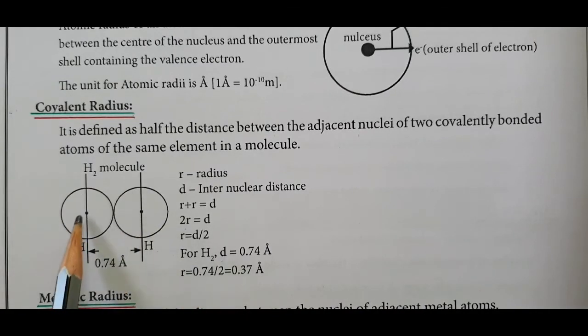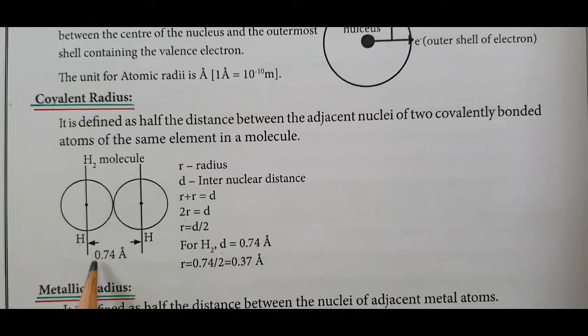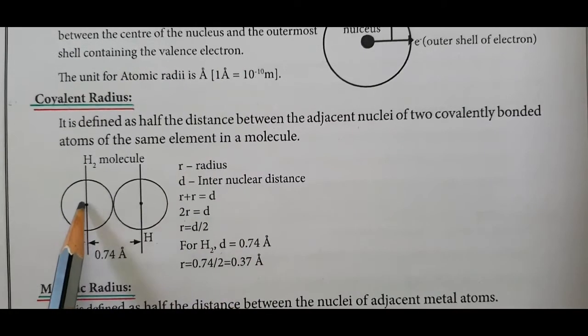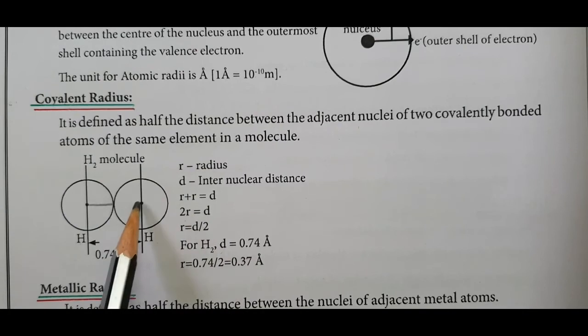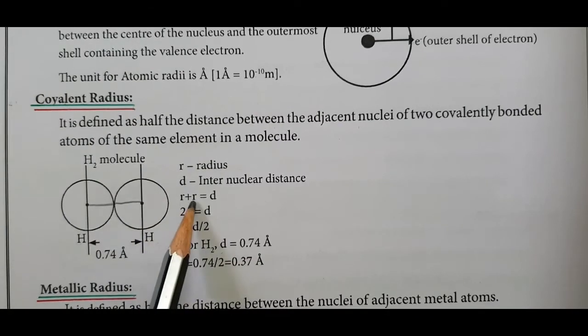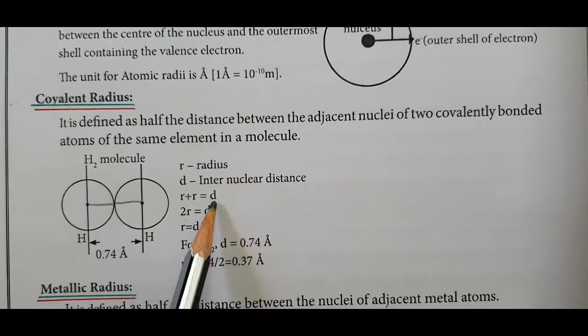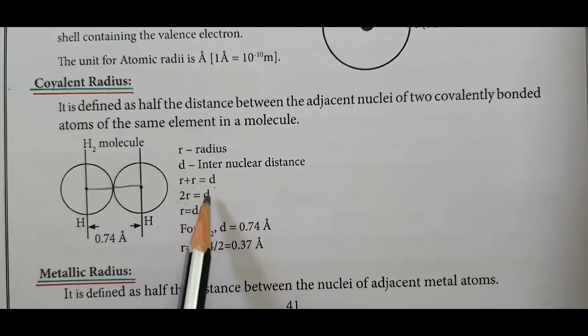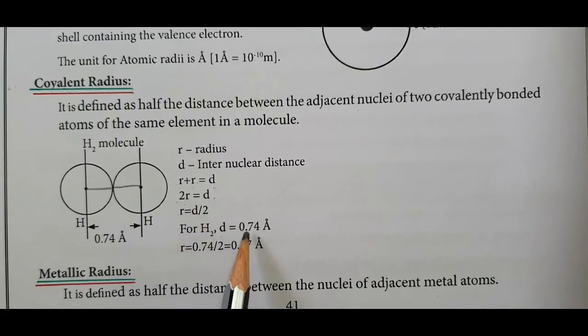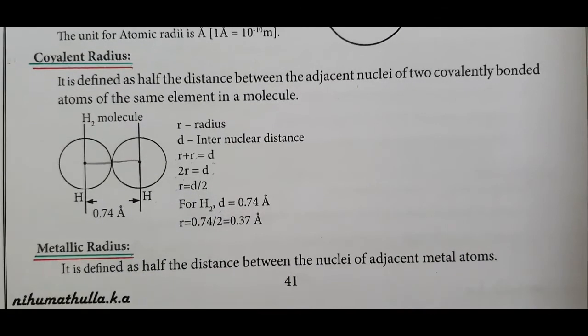The distance between two hydrogen nuclei is 0.74 angstrom, and this is the radius of the first hydrogen, and this is the radius of the second hydrogen. When we add these two radii, we get the distance between the two nuclei. R plus R equals 2R equals D, R equals D by 2. D by 2 means 0.74 by 2 equals 0.37 angstrom.